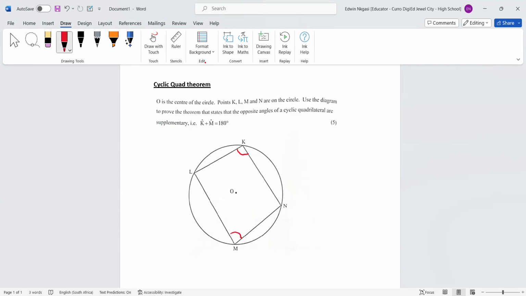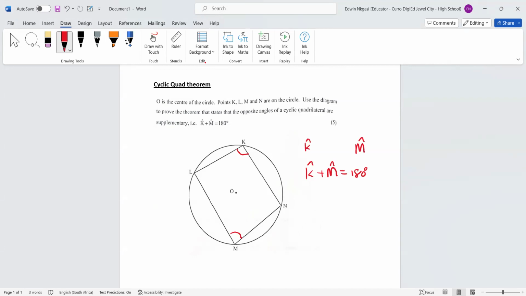If you look at angle K and you also look at angle M, according to cyclic quad, because these angles are opposite each other, angle K plus angle M are supplementary. We can say they add up to 180 degrees, because they are opposite to each other and they are angles in a quadrilateral enclosed in a circle.